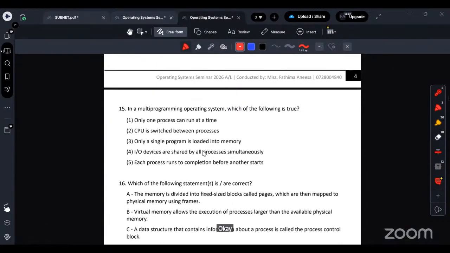Okay, in a multiprogramming operating system, which of the following is true? It's an easy question, right? Answer, guys, quickly. Lena, answer.